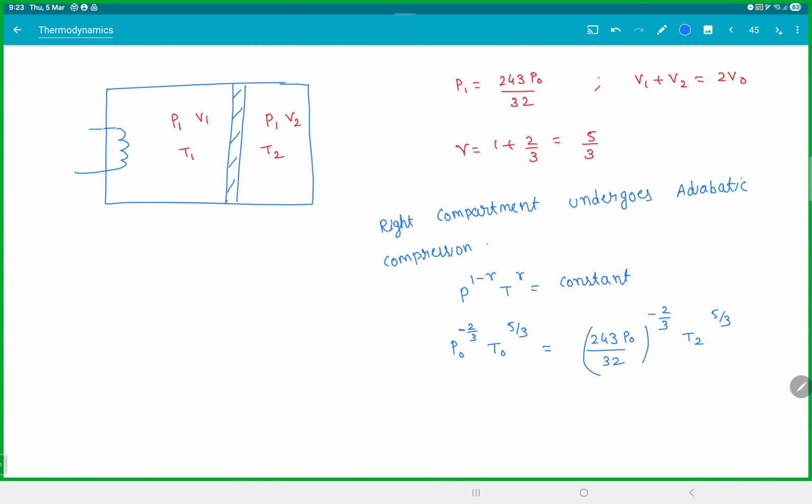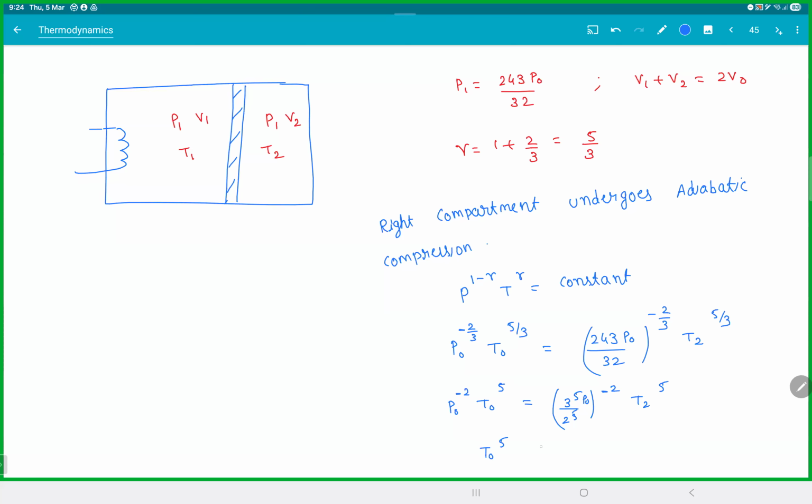I think you can put a cube on everything. Then this would be P naught power minus 2, T naught power 5, equal to 243 is 3 power 5 and 2 power 5, to the minus 2, and T2 power 5. That P naught power minus 2 also will go off.